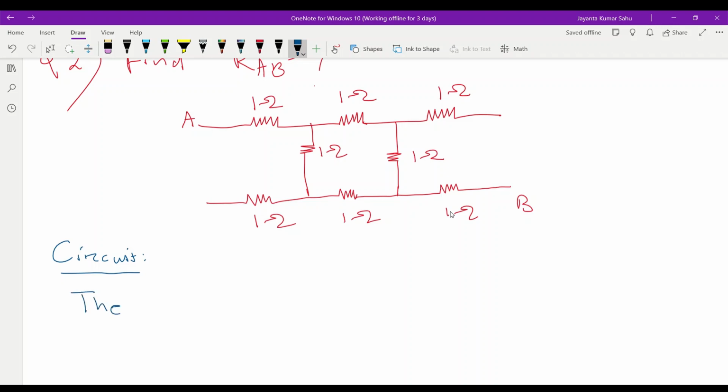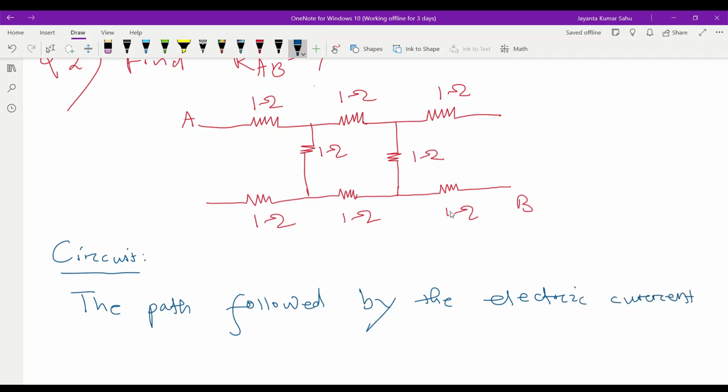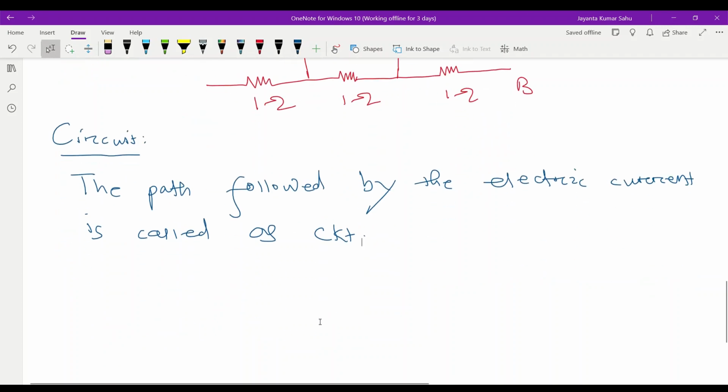The path followed by the electric current is called a circuit. That means what we understand is that a circuit is a closed path.